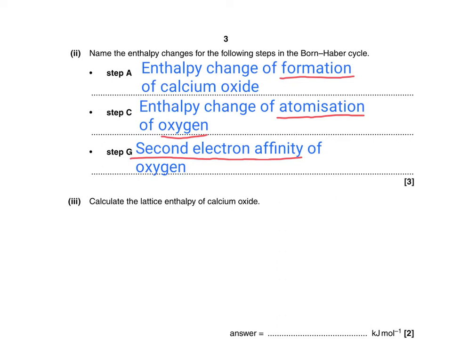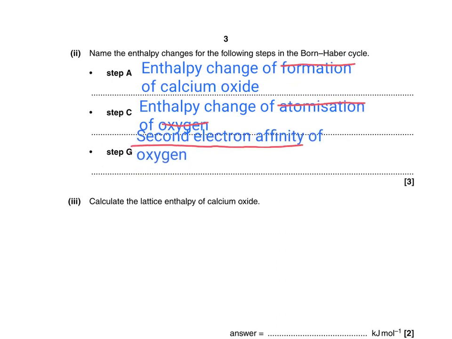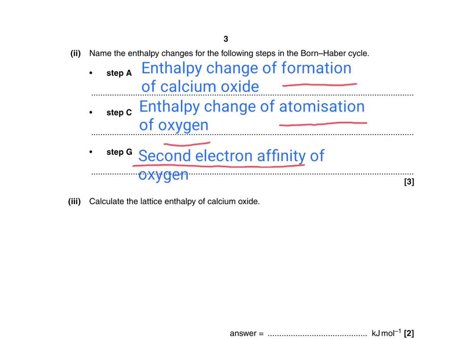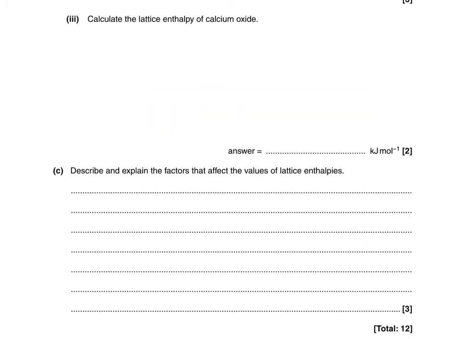Okay, right, so using the Born-Haber cycle from the previous page, so calculating the lattice enthalpy, it's rather hard to show this without the chart in front of us, but ultimately this is the mark scheme.